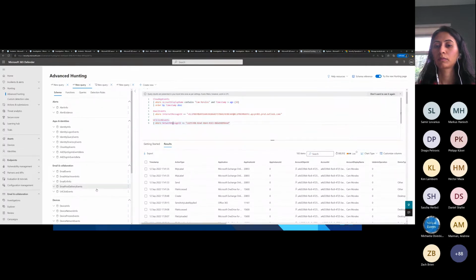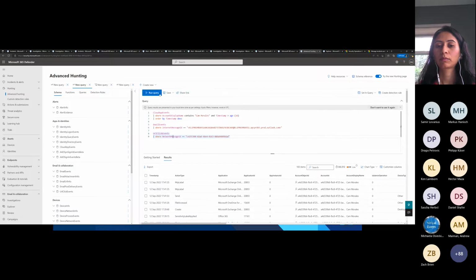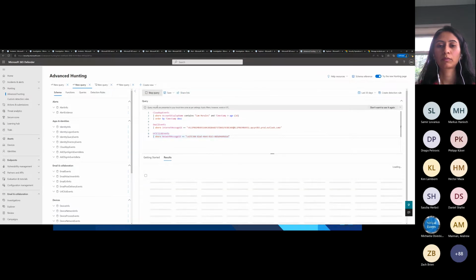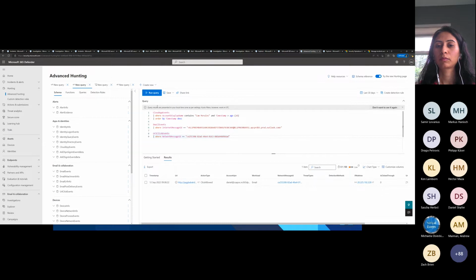URL click events are there now for Defender for Office, so that's another useful table to use when you hunt, and you can add URL click evidences to your incidents using the link to incidents functionality. The URL click events is just all clicks when Safe Links is enabled. Doesn't matter if it's happened in email, Teams, or Office.